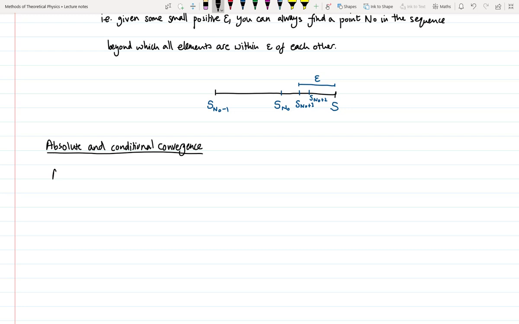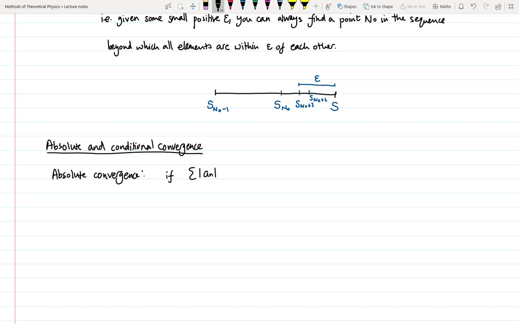What is meant by absolute convergence? If the infinite series of the absolute values of terms, so here I'm omitting the index running from n equals 0 to infinity, but it's implicit. So here I'm summing the absolute value of the terms an.